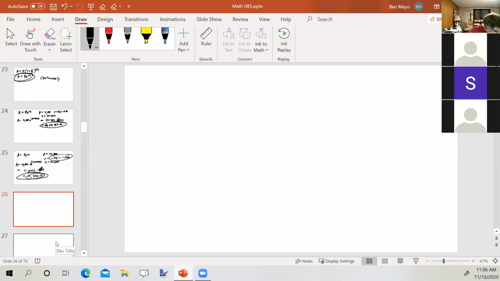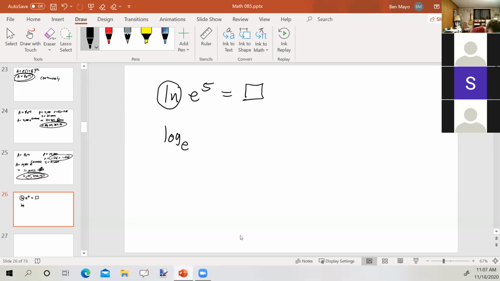Okay, let's evaluate some expressions without using a calculator. So the natural log of e to the 5th power, what does that equal? Well, we don't know what it equals yet, so let's say it's equal to box. Keep in mind that ln, natural log, is the same thing as log base e.